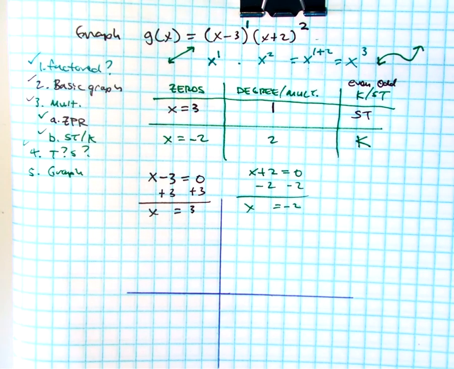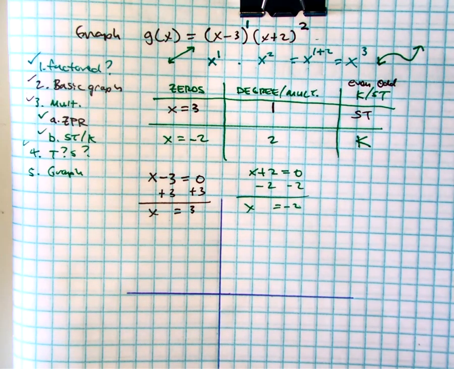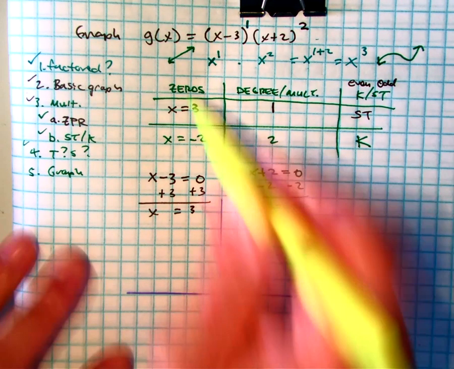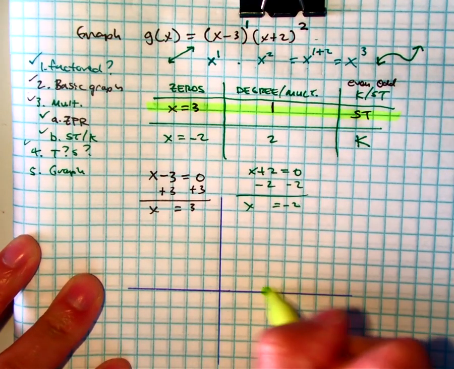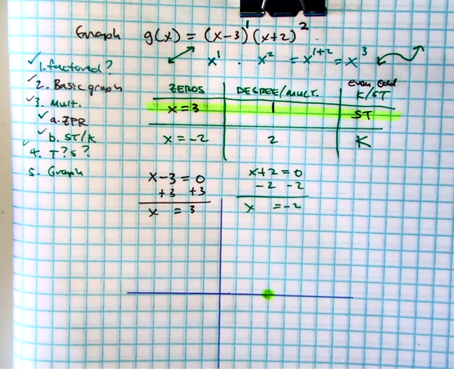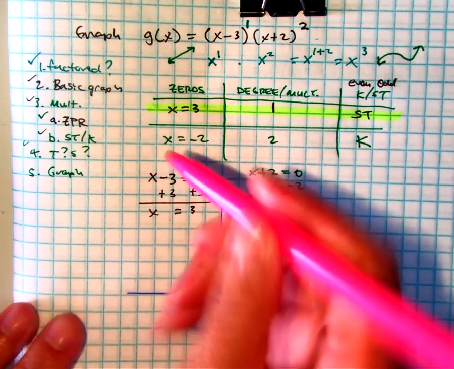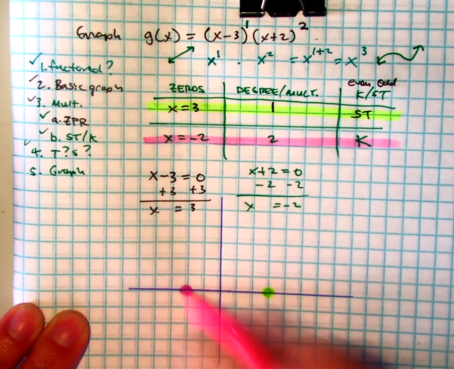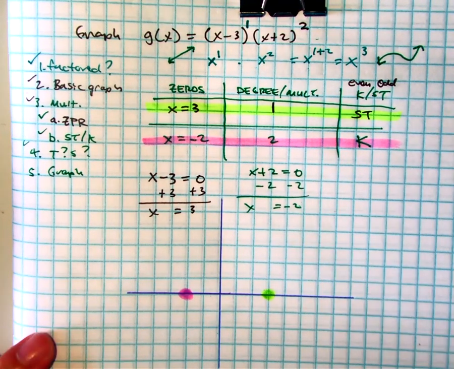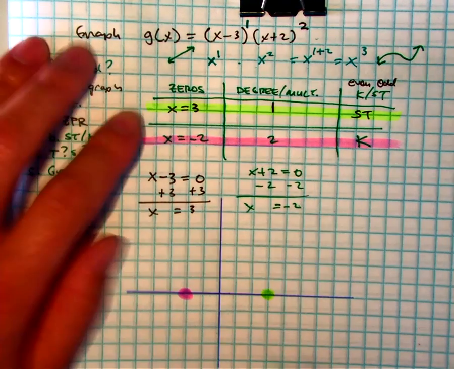If you have highlighters, they're helpful. So on my x-axis, I'm going to mark positive 3. And I'm also going to mark on the x-axis where it is -2. If you want to, you can write those numbers there. Not needed, but it might help you.